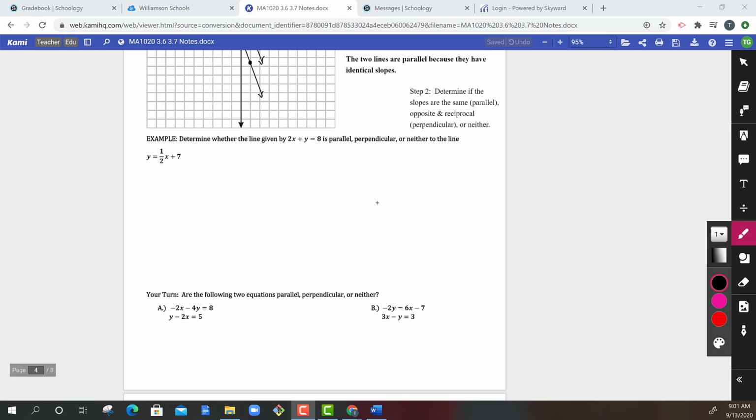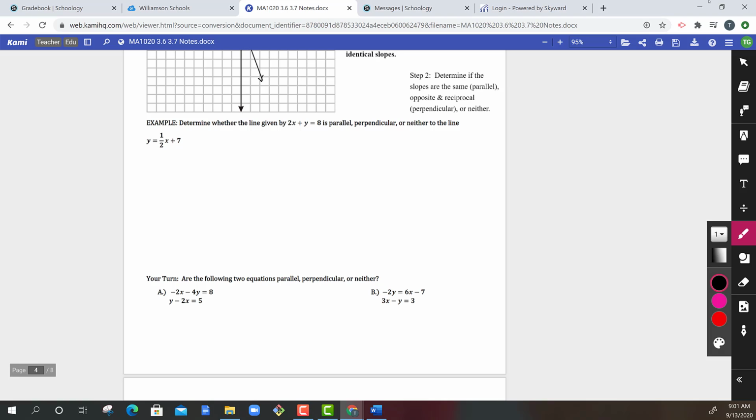All right, let's do one more example. Same thing here. We want to determine whether the two lines given are parallel, perpendicular, or neither. So step 1, identify the slopes of each line. This second equation, I'm going to do this one first because I see it's already in slope-intercept form. So the slope is positive 1/2. Again, really the slope is all we care about.